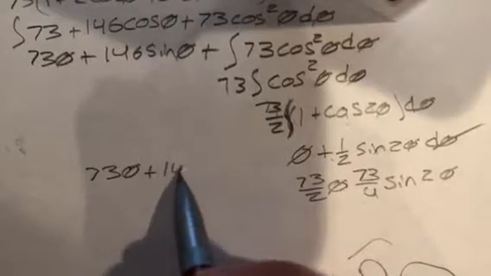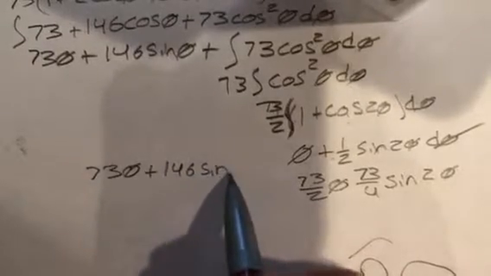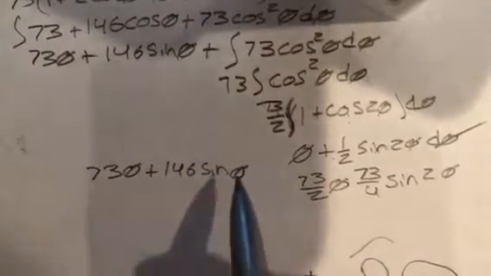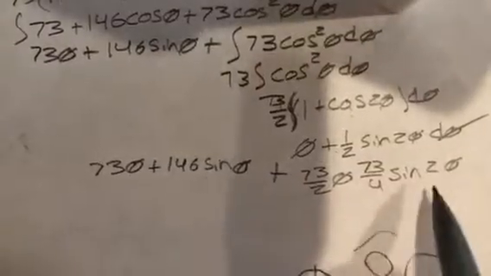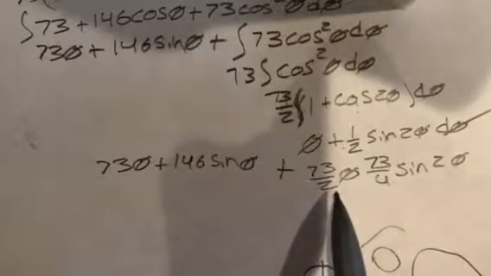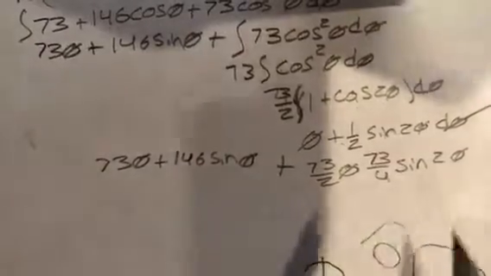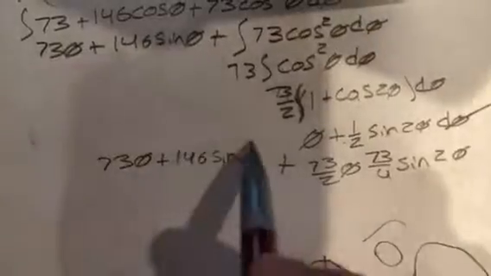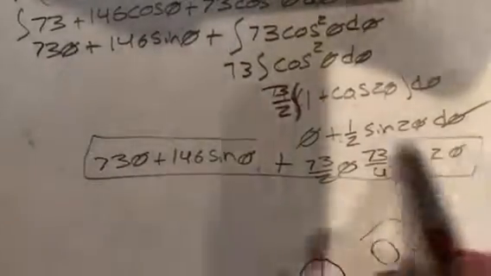So we can just bring down the 73 theta plus 146 sine theta plus this. So this has been integrated. We really could pull out some stuff, but I really don't feel like simplifying. So that's your answer.